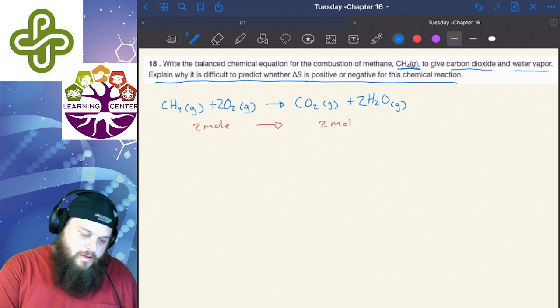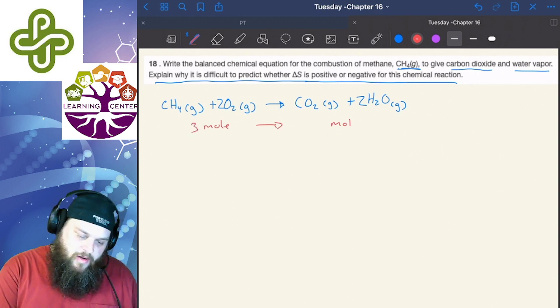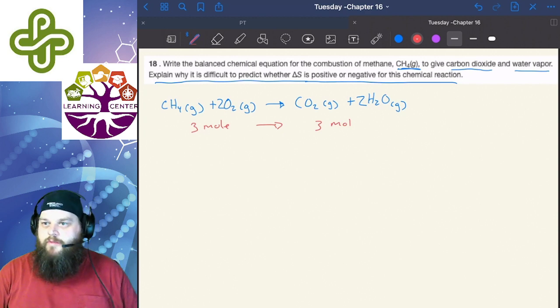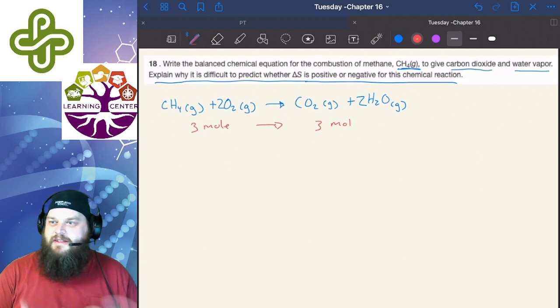Cool. So let me recount my moles. Now I have 3 moles of reactant and 3 moles of product. So my mole to mole ratio is the same. I'm not increasing the number of particles, and I'm not changing the state of anything. So it really comes down to the formation of those things, whether or not the change in entropy is going to be greater for one or the other, and that's harder to predict.